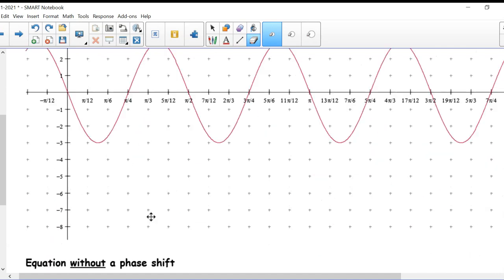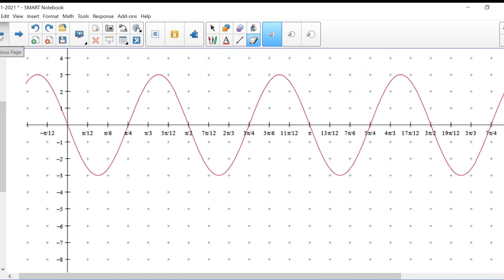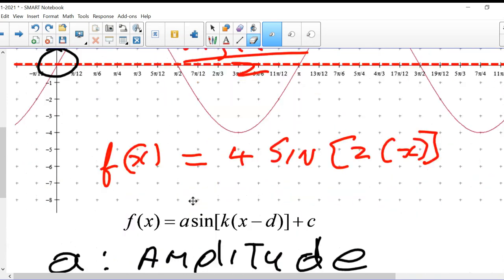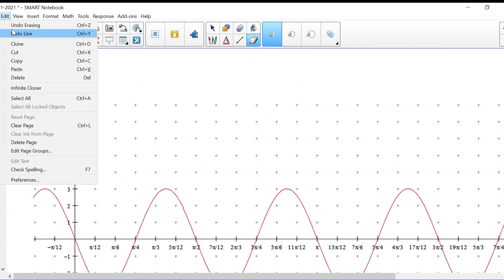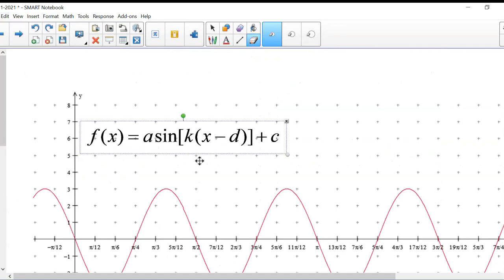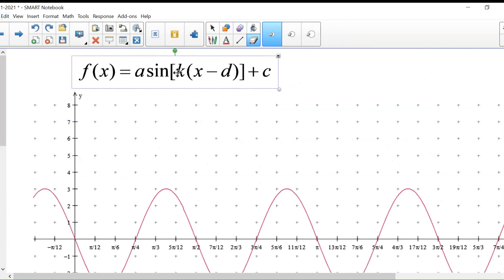Remember that we're looking for 4 things. In fact, let me copy this over onto the other page. All right, so we know all the things that we're looking for. We need all of these features to be able to write this function.